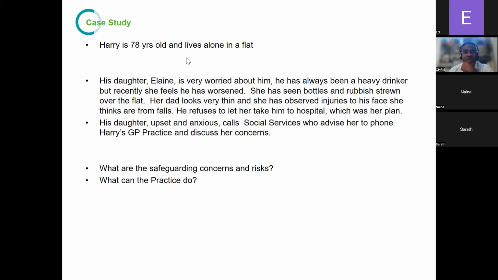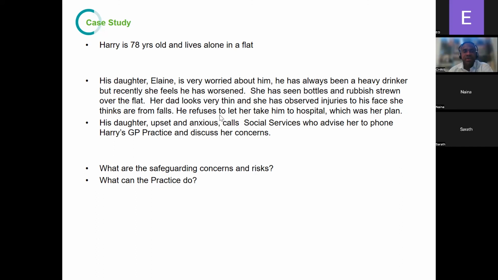And the daughter, who is not living with him, comes to visit, either in the care home or residential home or in Harry's own home where he's receiving care, and finds that Harry has some injuries on the face.